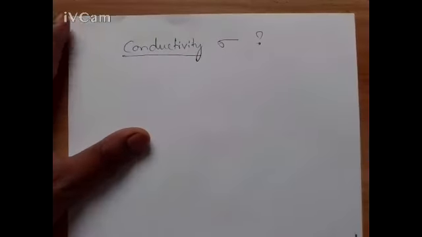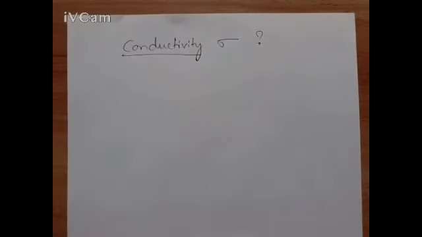If I want to apply any semiconductor to devices, first I should know how much it is conducting or how much it is resisting. If I have copper wire or silver wire, those are highly conducting. Or if I have any semiconductor, before applying it we should know its resistance or conductivity.